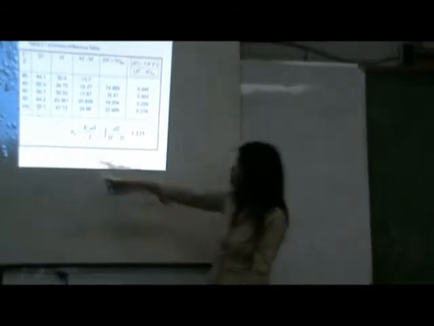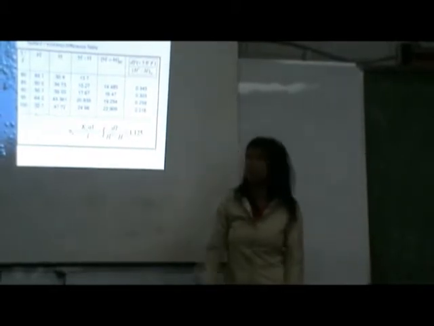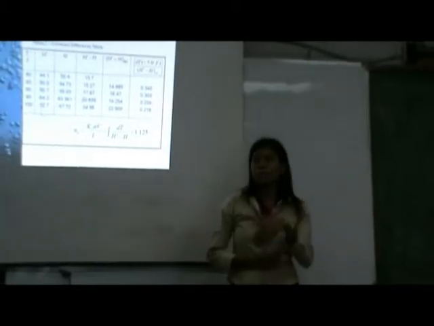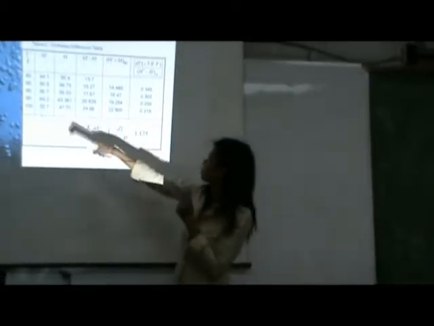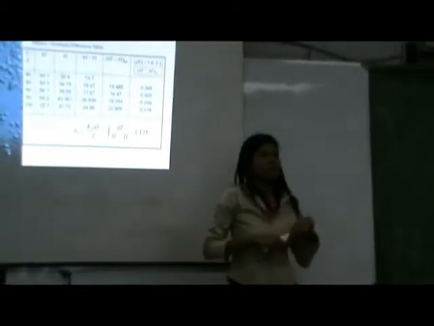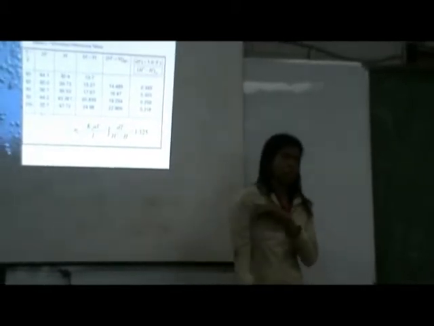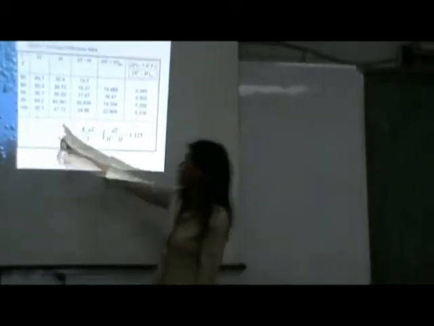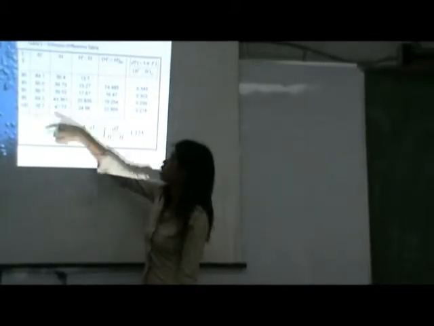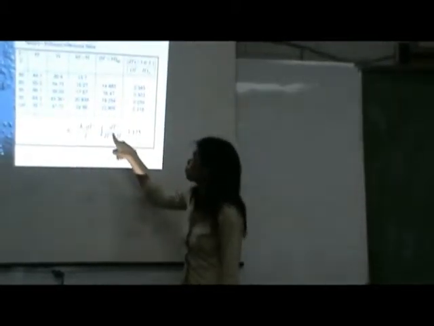H prime here are just literature values that we can get from our steam table or from the air-water vapor mixture table previously viewed. Then we will get the H here from the equation H2 equals H1 plus L over G times T minus 80 degrees Fahrenheit. So we just vary the temperature T2 there and we will get these values. Then we subtract H prime with H to get this one.